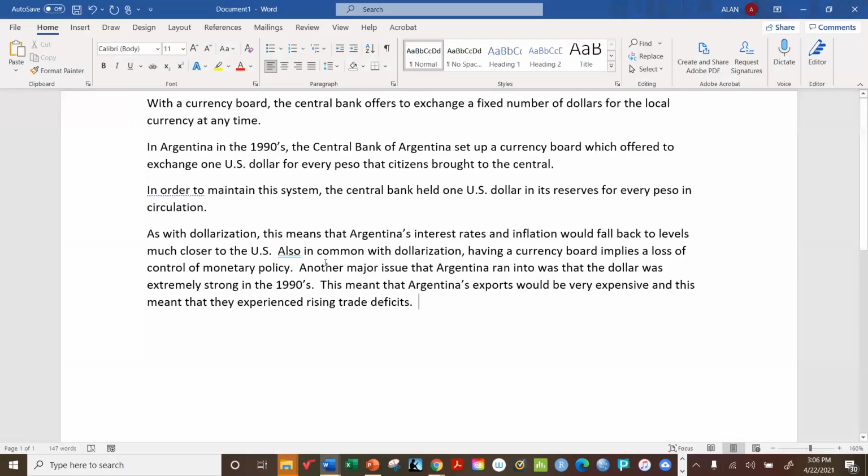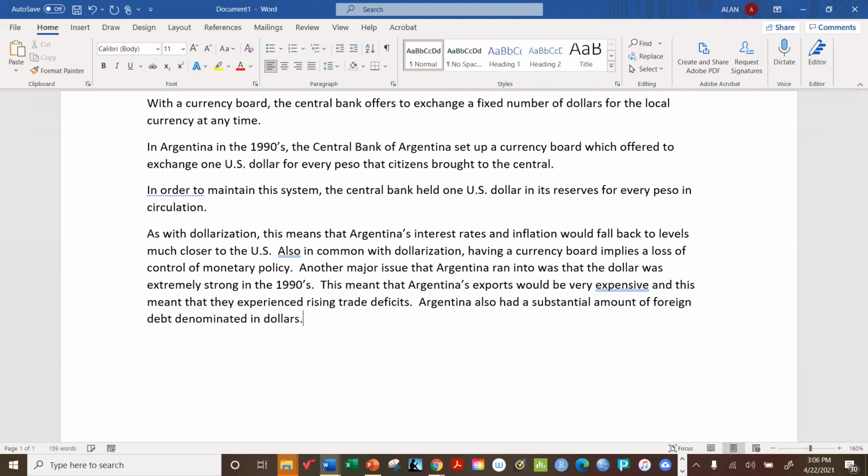And so another issue that really was a problem for Argentina is that they also had a substantial amount of foreign debt, and they still do, denominated in dollars.